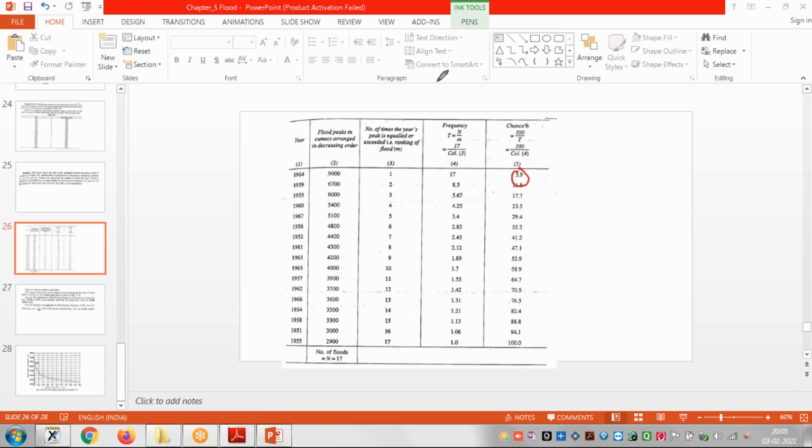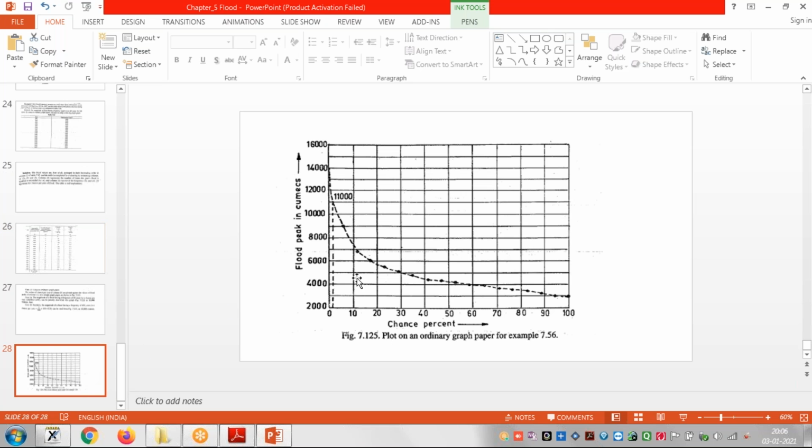Based on these values, they drew one graph, and this says that if the chance is 1.25%, then 11,000 meter cube discharge may come.